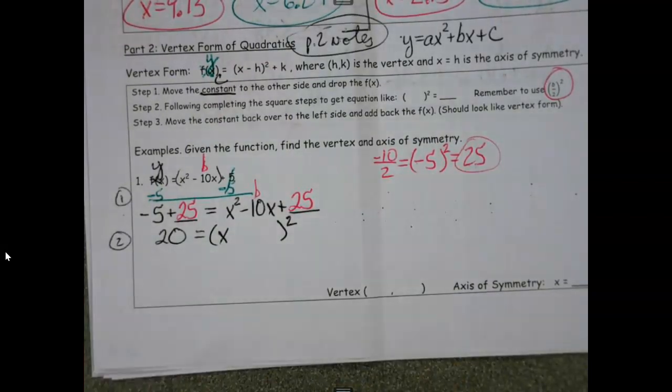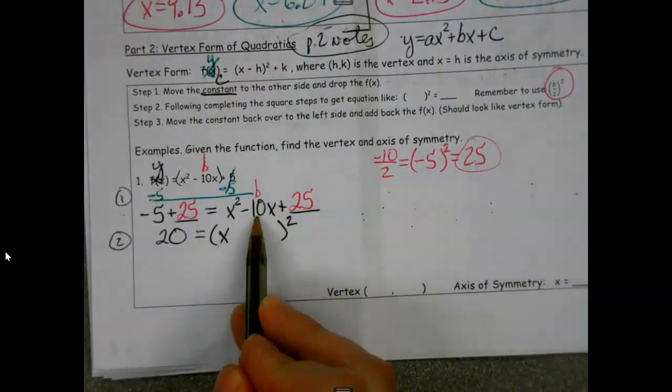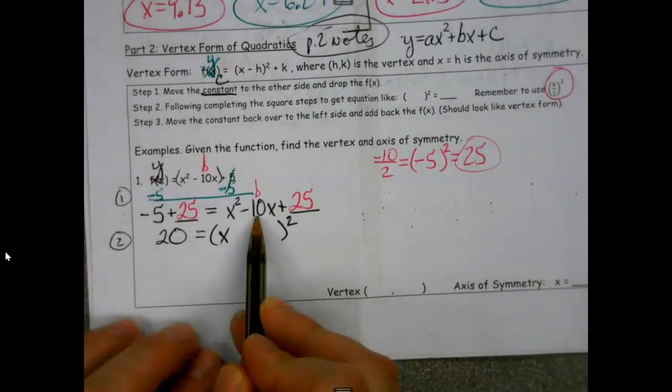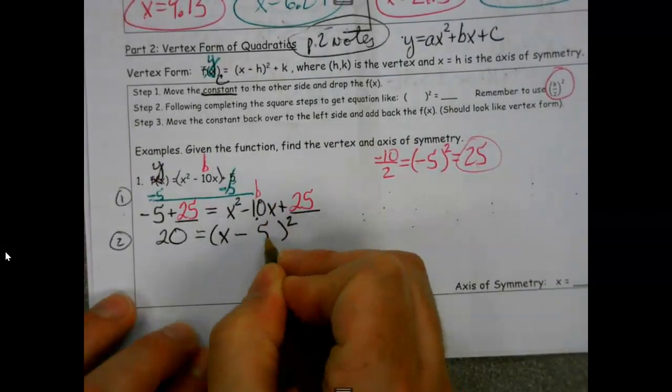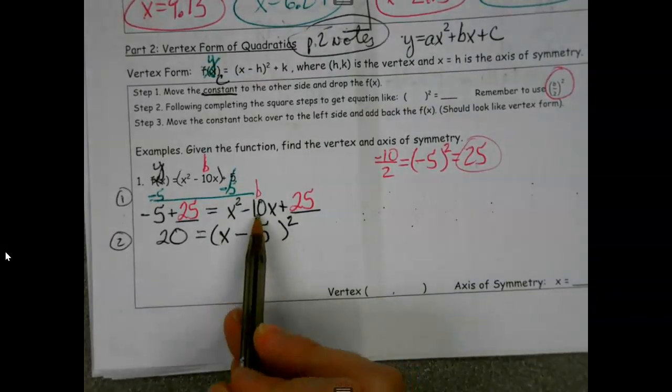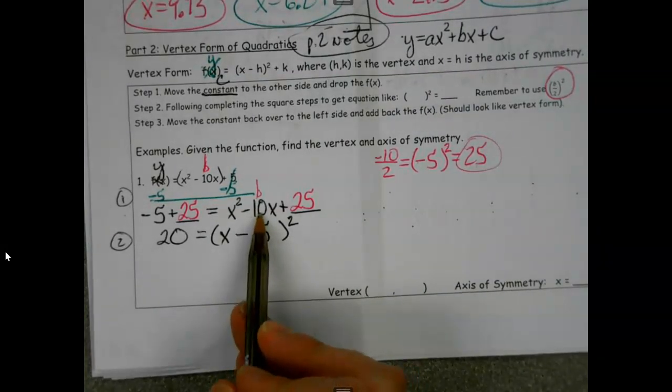All you got to do is answer me one question. What's half of negative 10? Negative 5. So you're like, wait, so every time whatever number's in front of x, I just divide it by 2, I cut it in half?